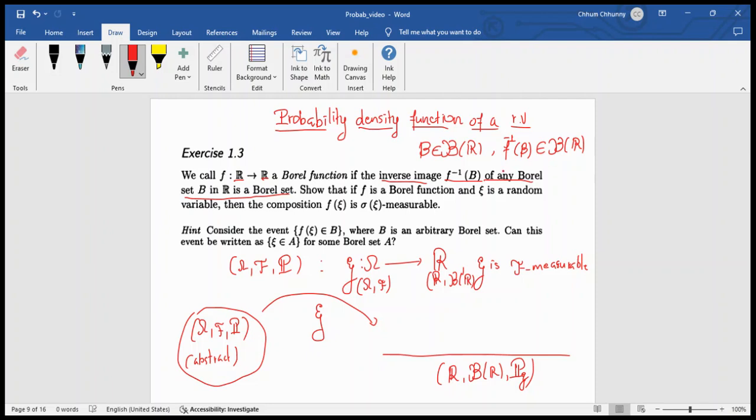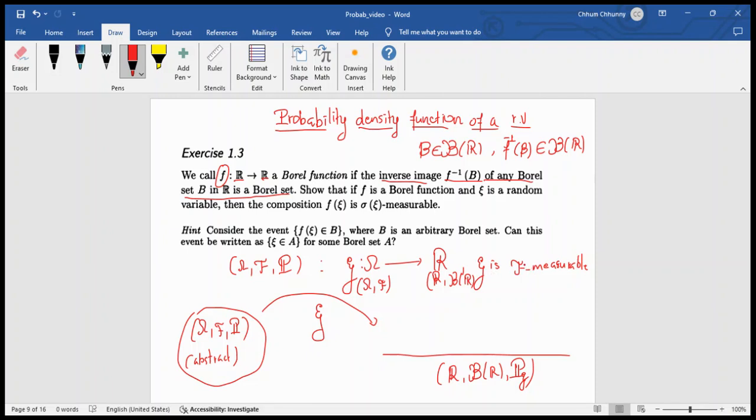When I saw this definition, I thought about the definition of a random variable. The function f is in the same situation as a random variable, because in the probability space (Omega, F, P), a random variable, denoted by psi, is a mapping from the sample set Omega to R, and psi is F-measurable, where F is a sigma algebra.